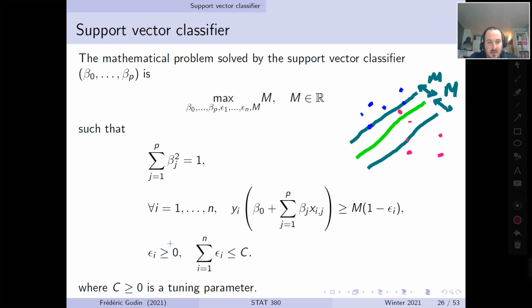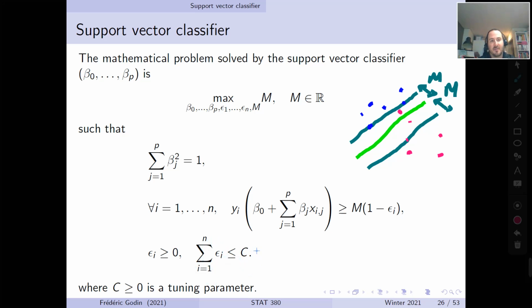Epsilons are always greater or equal to 0, but we're going to impose a constraint on the sum of epsilons, because when epsilon is strictly greater than 0, it's a violation, and the greater epsilon is, the greater the violation is. So to reduce the possible amount of violation, we will impose that the sum of epsilon i is smaller or equal to some constant C.